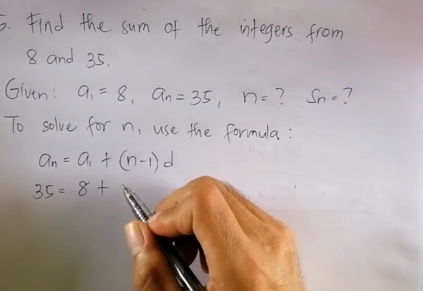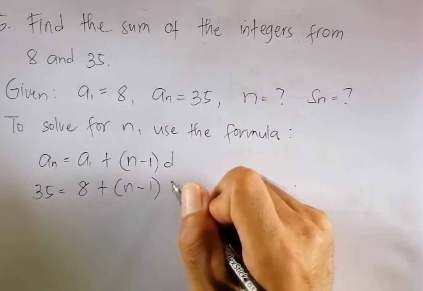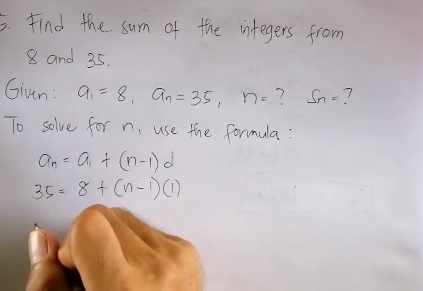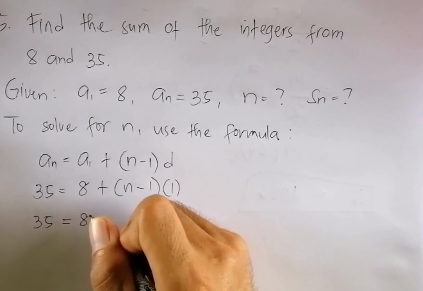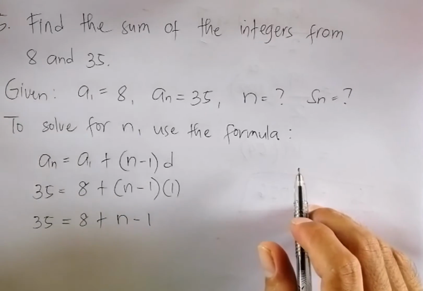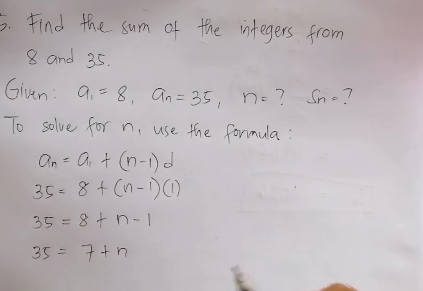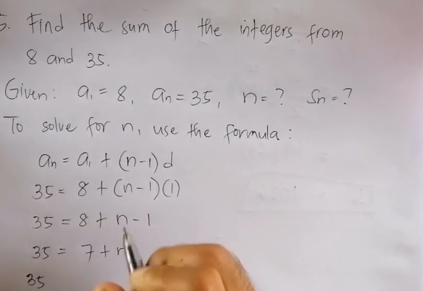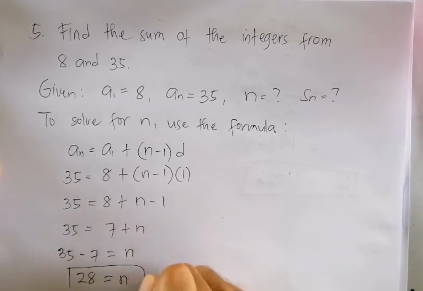So a sub n is 35, a sub 1 is 8 plus the quantity n minus 1 times the common difference, which is 1. 35 is equal to 8 plus n minus 1, which is 7 plus n. Then apply the subtraction property of equality, so n is equal to 28.